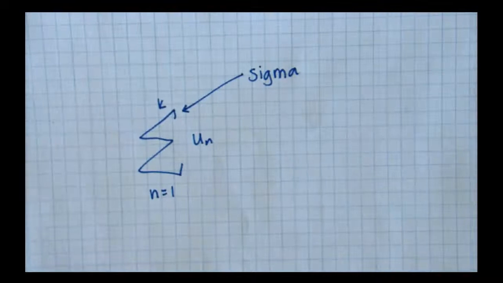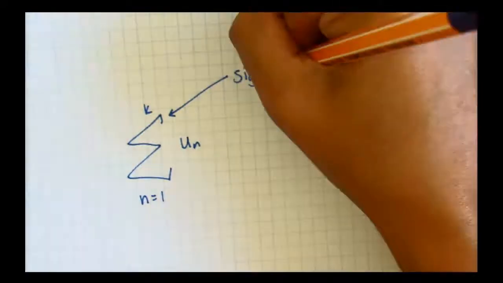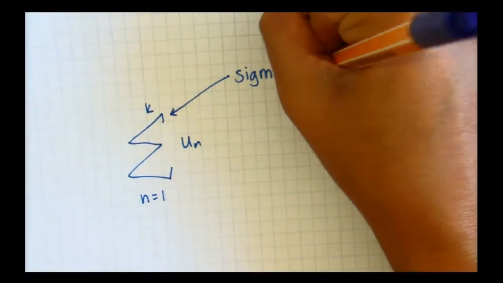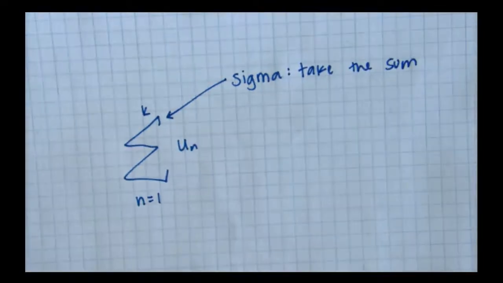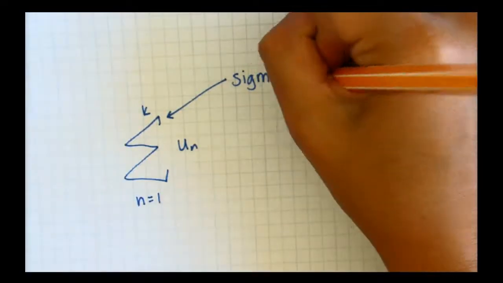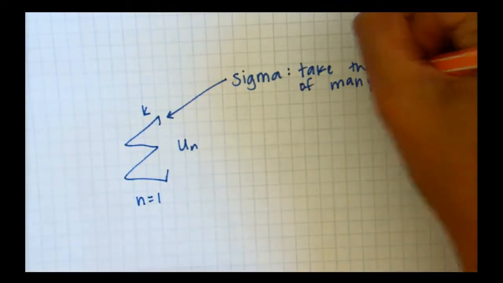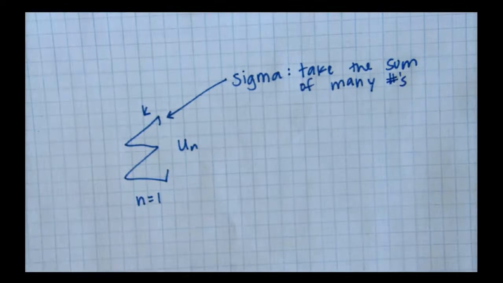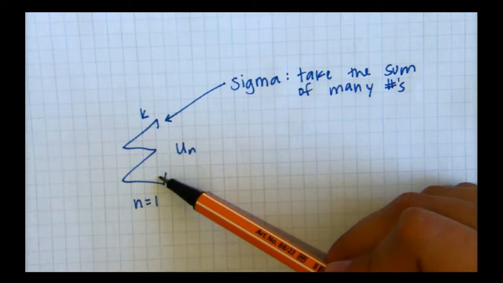And what it's telling you to do, similar to an addition sign or a minus sign, is to take the sum of a bunch of numbers, of many numbers. So where an addition sign just tells you to add two numbers together, your sigma sign tells you to add together a lot of numbers.